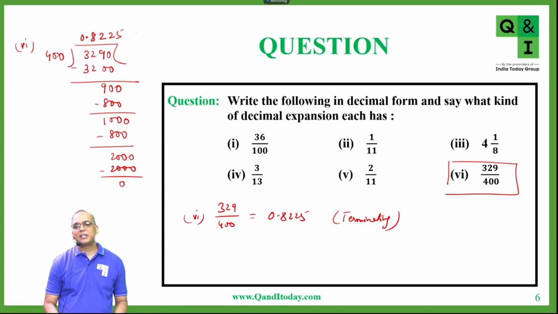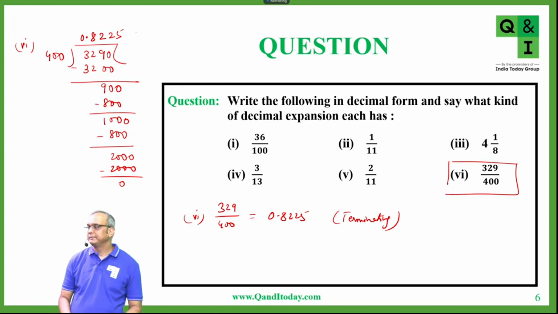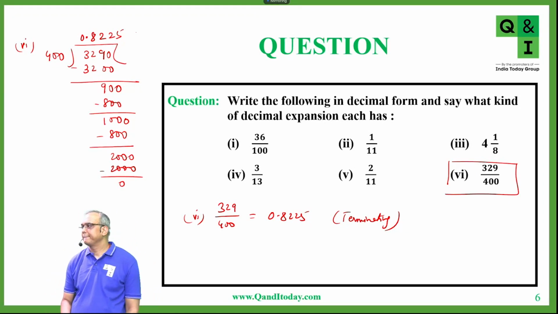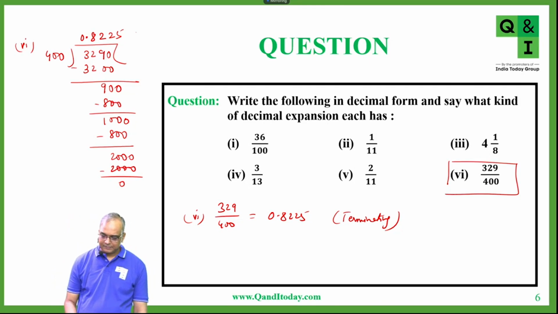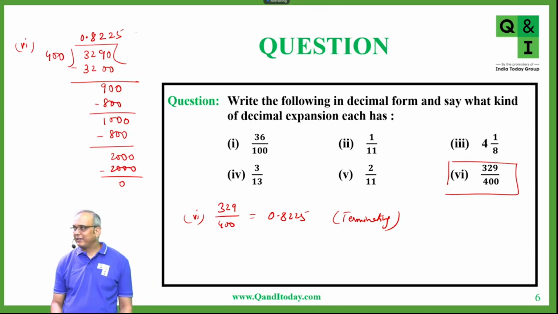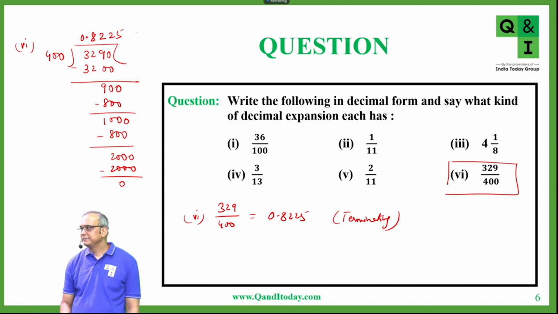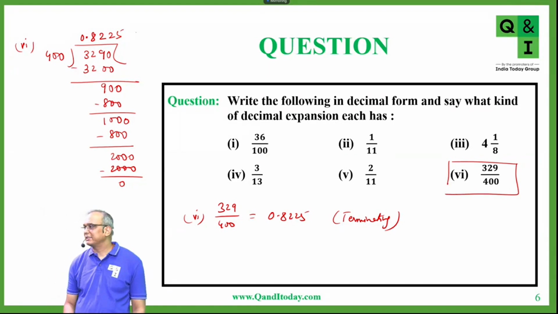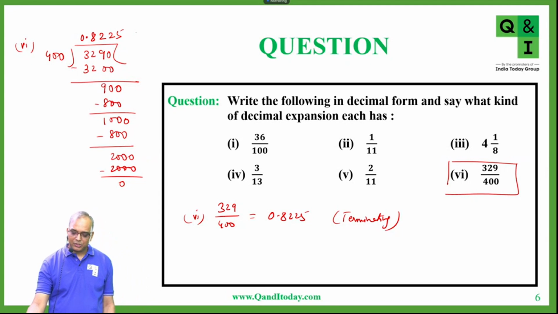Quickly write this down and then we'll move to the next. Has everyone written this? Has everyone attempted this question and written the solution? Okay, Anna. Good. So let's move ahead.